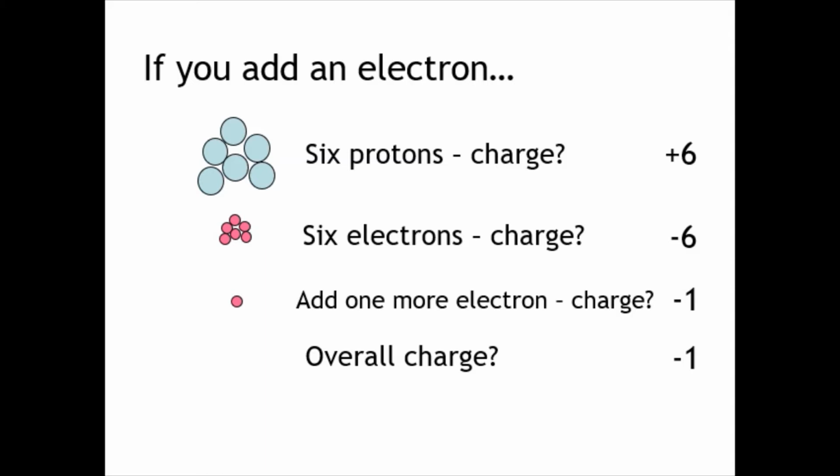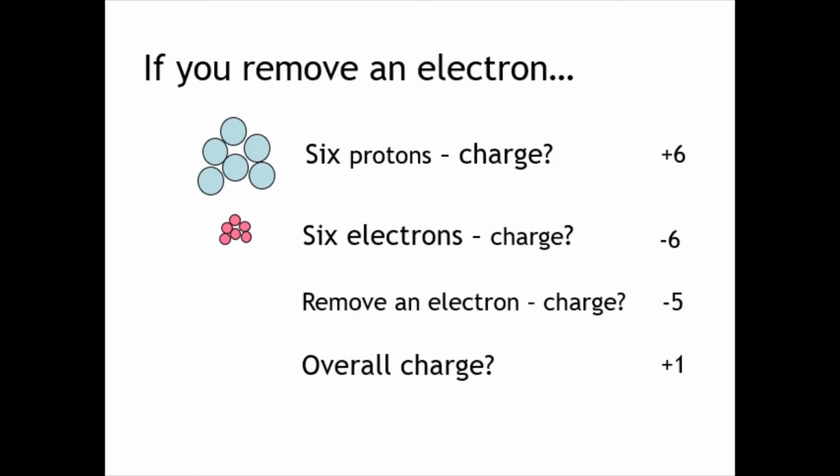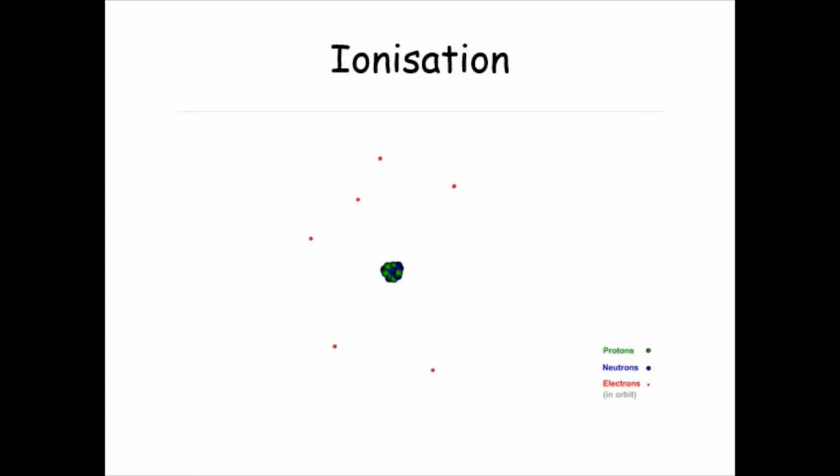So the overall charge is -1, because we have 6 pluses but 7 negatives. So we form what we call a negative ion. If we remove an electron, we now have the 6 protons, but only 5 electrons. So we end up with a positive +1 charge on our ion.